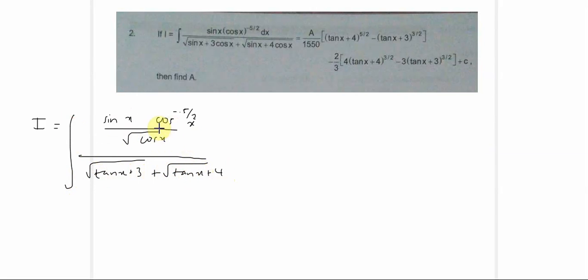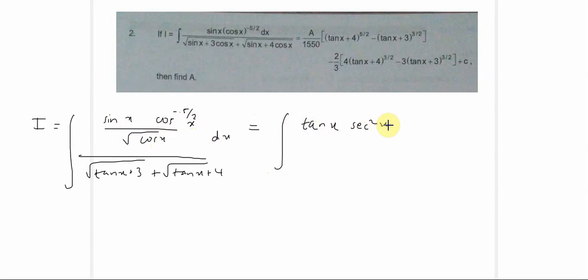Now observe the numerator, this is sin x divided by cos cube x. This cos minus 5 by 2 x, again minus half x here, minus cos minus half x. So that is, again we'll have a tan x, one cos x we use for sin x by cos x, and then we have 1 by cos square x left.